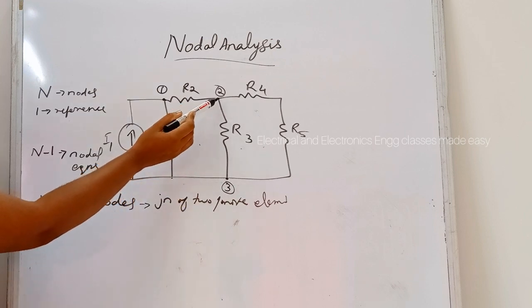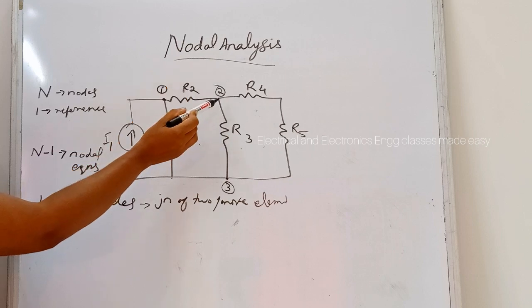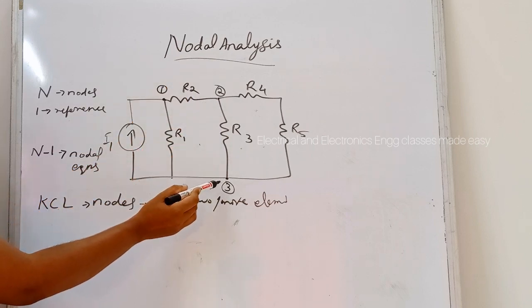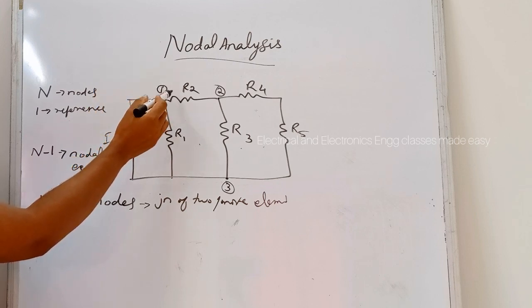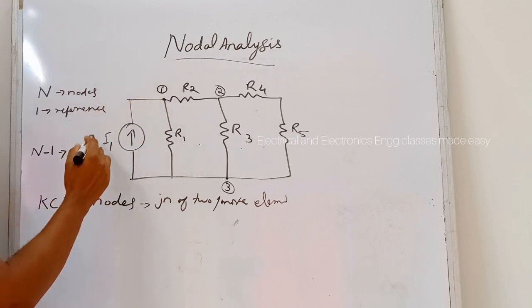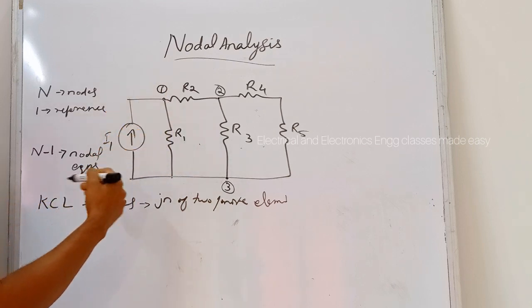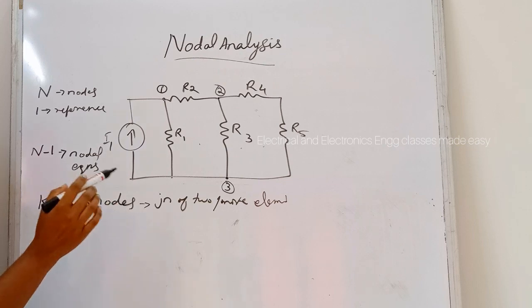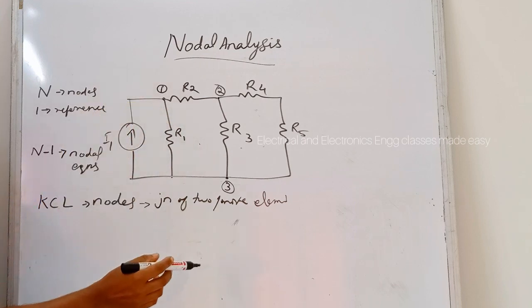Similarly, the voltage at node 2 is the voltage at that node with respect to node 3. Applying Kirchhoff's current law at node 1, what is the current law? The currents entering a node are equal to the currents leaving the node, or the sum of currents at the meeting point, or node, is 0.